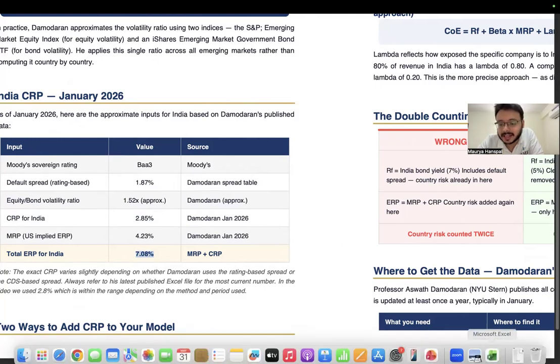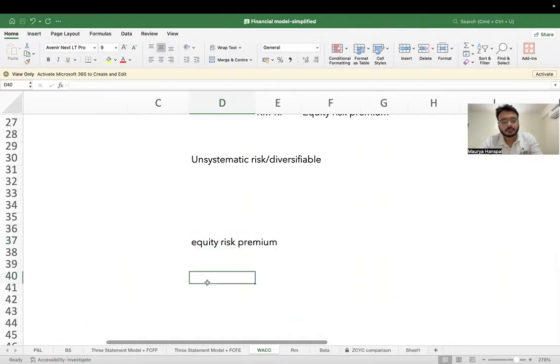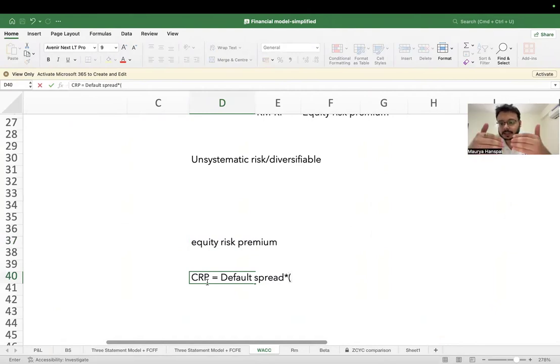Right? So basically, if I just go to the Excel file, your country risk premium, it is simply what? It is simply your default spread into the division of the standard deviation of the emerging equity index divided by the standard deviation of the emerging bond index.